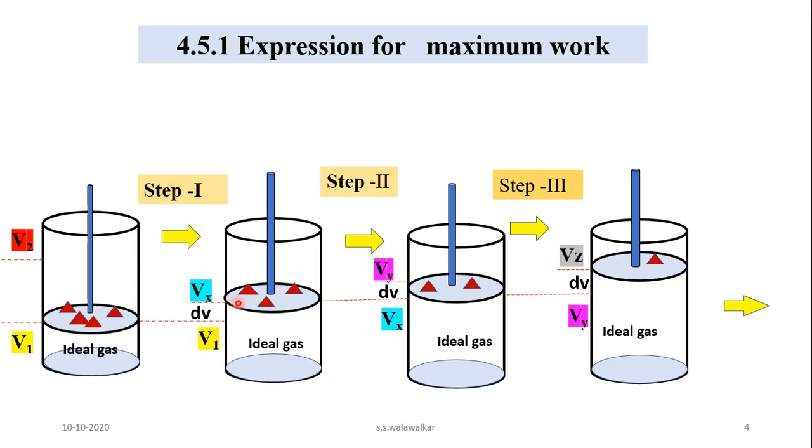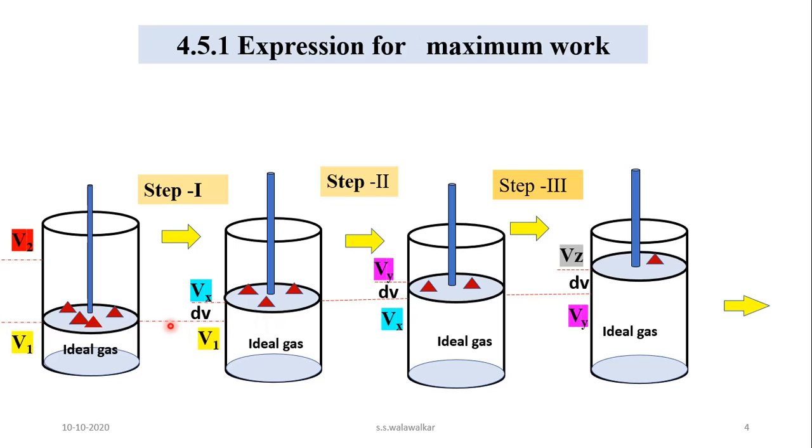And when the force outside the piston becomes equal to the force inside the piston, that is, when the pressure of the gas becomes exactly equal to the external pressure, then the piston will stop moving.